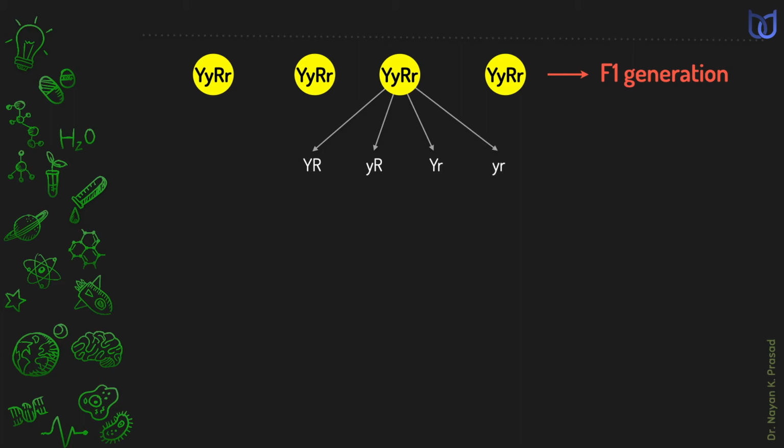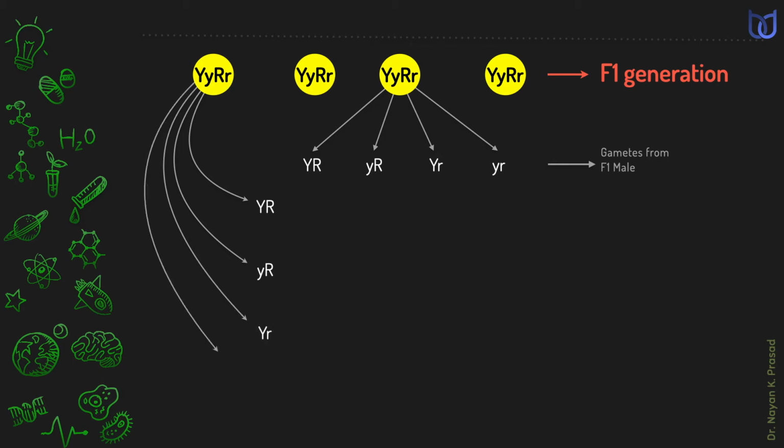Let us say these are the F1 gametes from male individuals. Similarly, from female individuals also, similar 4 different types of gametes will be produced. Let us say these are the F1 gametes from female individuals.